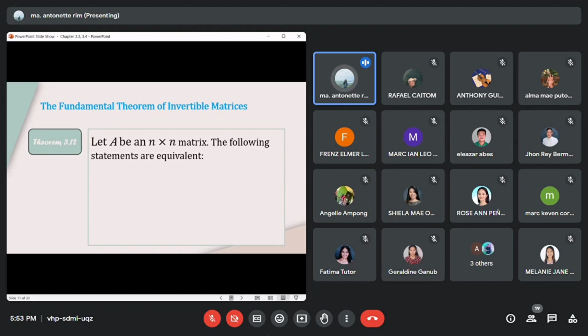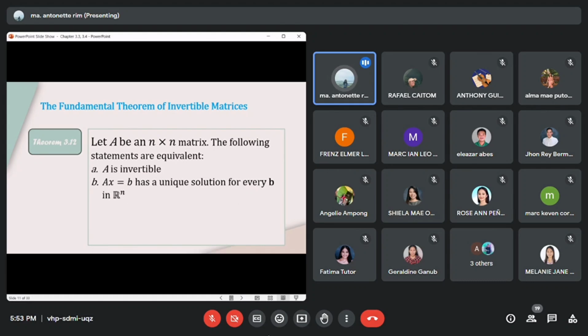So, let A be an n by n matrix. The following statements are equivalent. A is invertible. Ax equals B has a unique solution for every B in R^n. So, it has a unique solution.